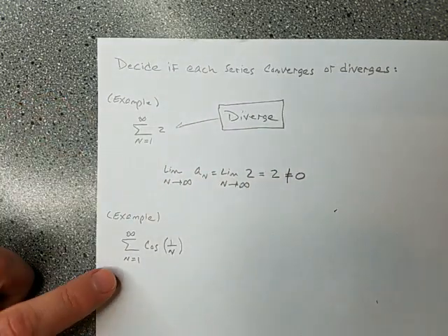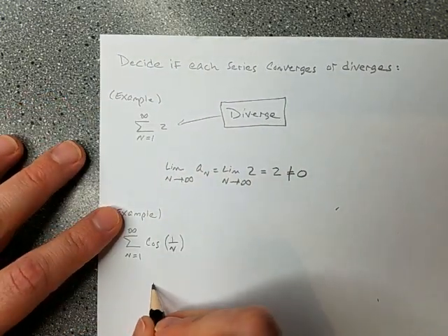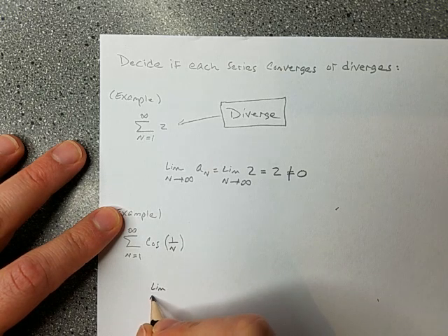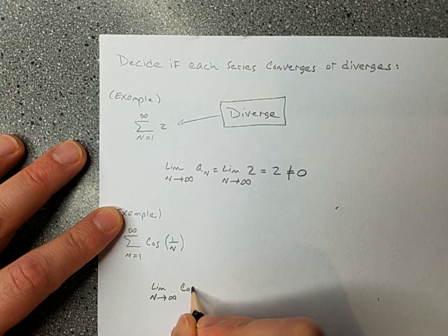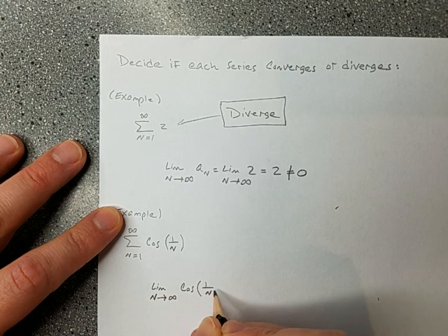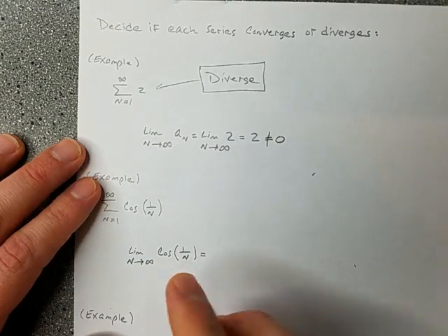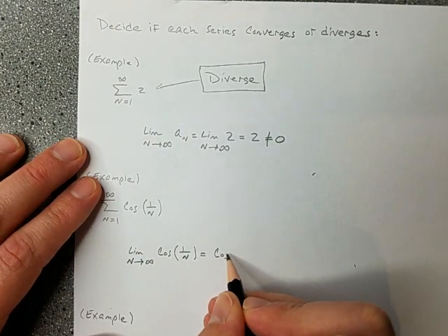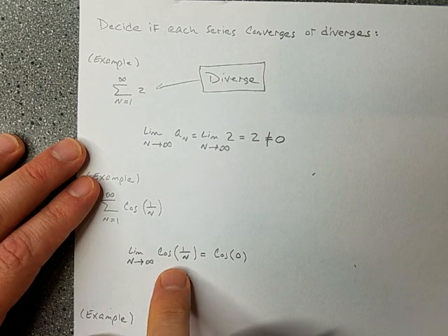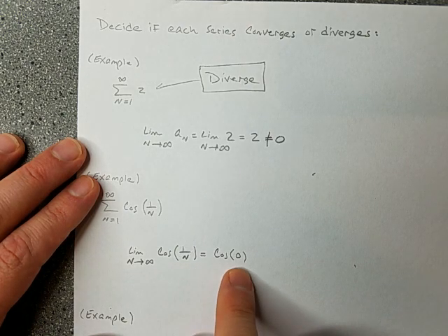What about this one, cosine of 1 over n? Let's look at this. What is the limit as n goes to infinity of cosine of 1 over n? Well, as n goes to infinity, 1 over n will go to 0. So it'd be safe to say that the limit of this is cosine of 0.